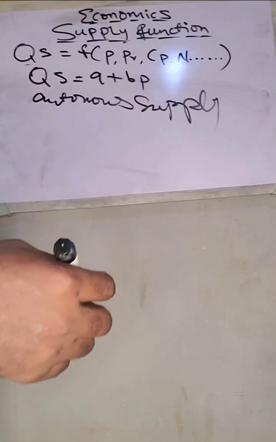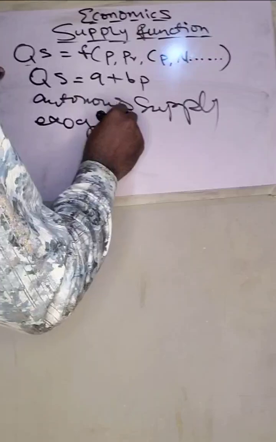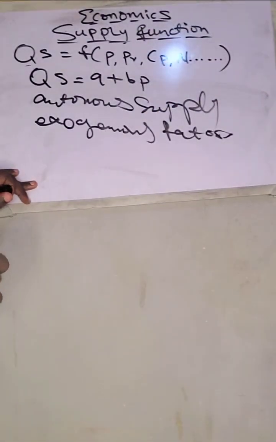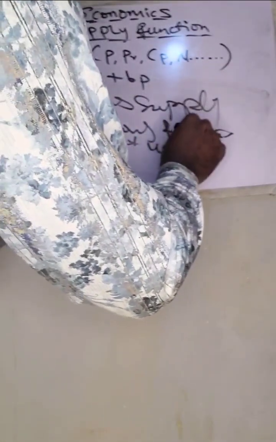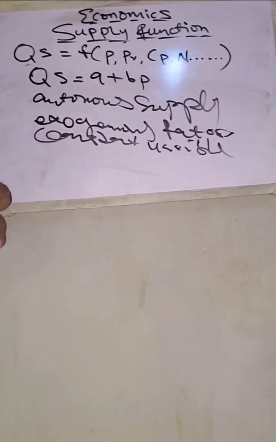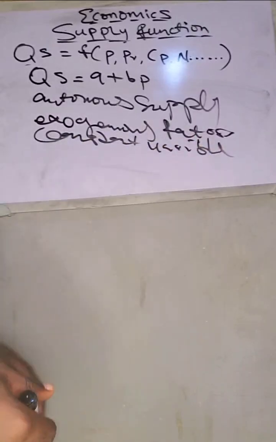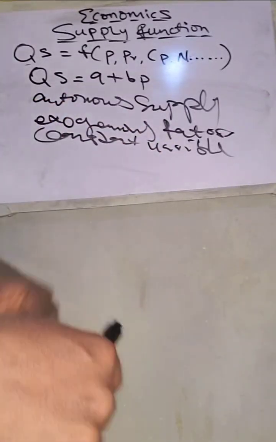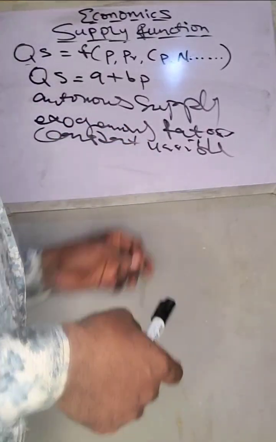It can be called exogenous factors or constant variable. It's the quantity of goods or service the producer is willing to supply regardless of current market price.